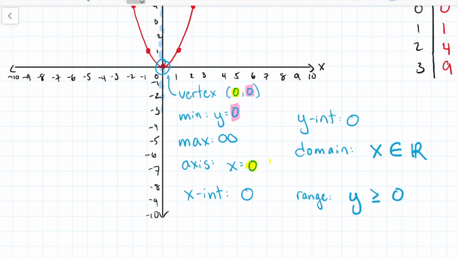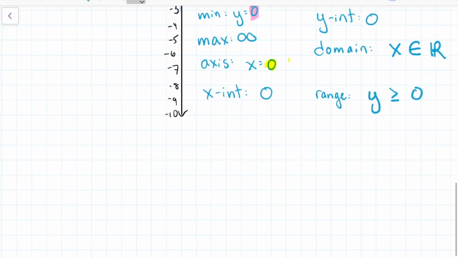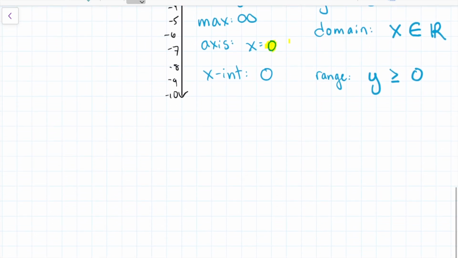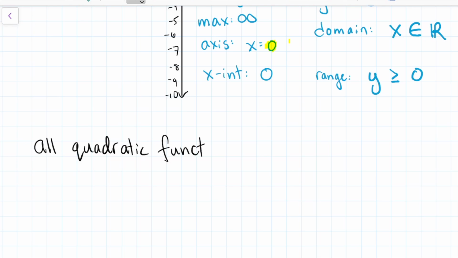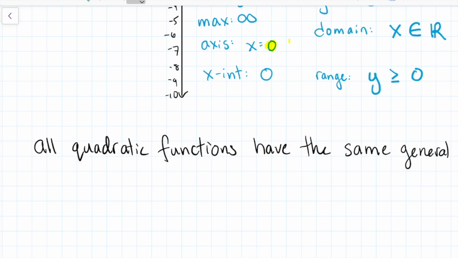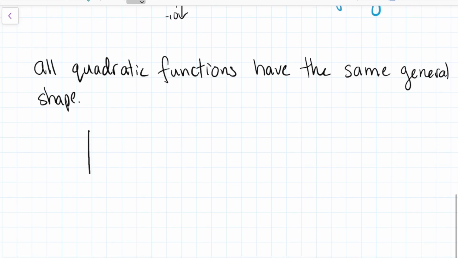So a few things about graphing parabolas. They always have the same general shape, but there are some differences. So all of our quadratic functions have the same general shape. So similar to the ones that we've already seen, you might have something that looks like this.